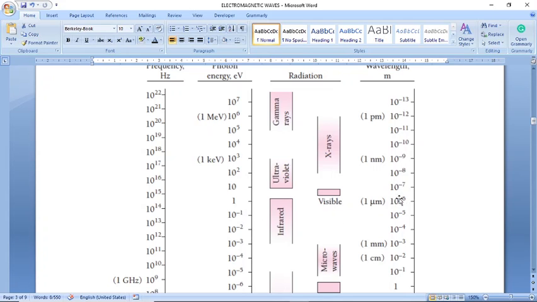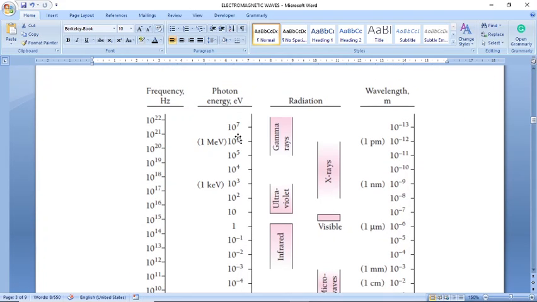This arrangement is known as a spectrum. Okay, so this is known as the electromagnetic spectrum, the arrangement of electromagnetic waves according to their energy, wavelength or frequency.